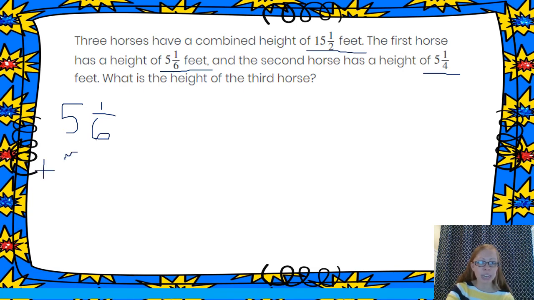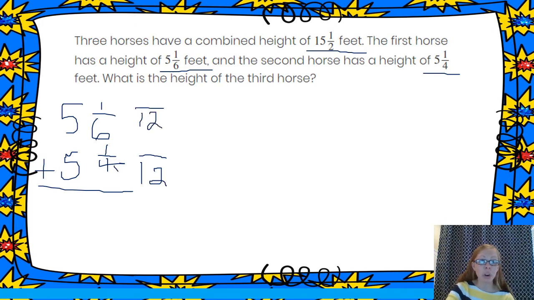I go through my steps here. To figure out what my common denominator should be, because right now I cannot add them as is. If I skip count by 6's, 6, 12, 18, skip count by 4's, 4, 8, 12, 16, I heard 12 in both lists. So I'm going to rewrite my fractions as equivalent fractions with denominators of 12.